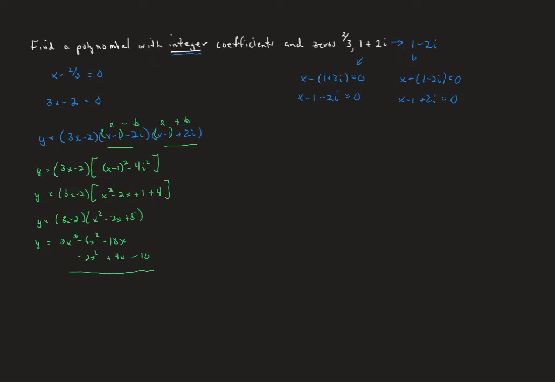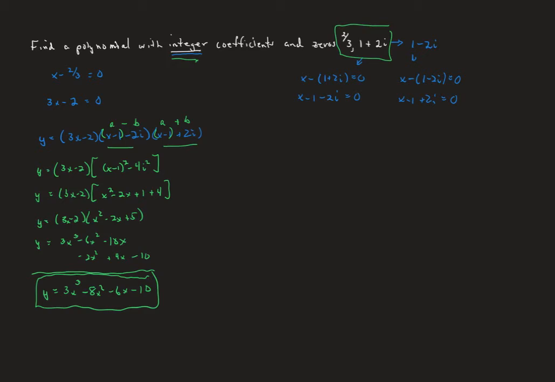I try to write those where like terms line up underneath each other. So we're going to get 3x cubed minus 8x squared, and that's a negative 10x plus 4x, which is a minus 6x, minus 10. There is our polynomial with integer coefficients, and it has the zeros that we wanted.